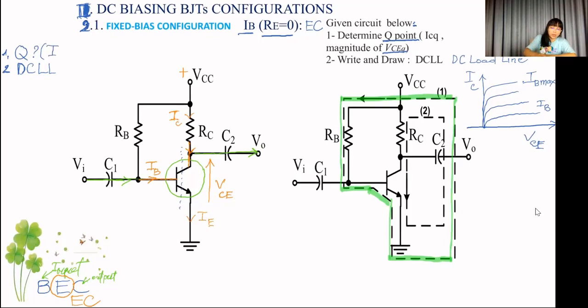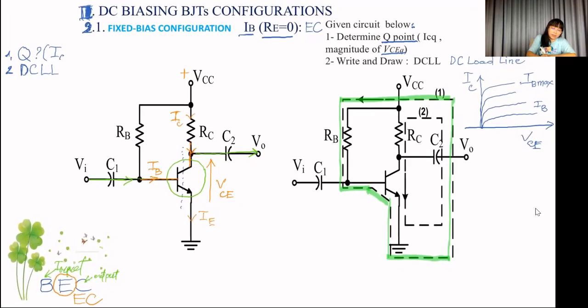You should find the current IC and the VCE Q at this position. And of course, this is the main point of our exercise today.